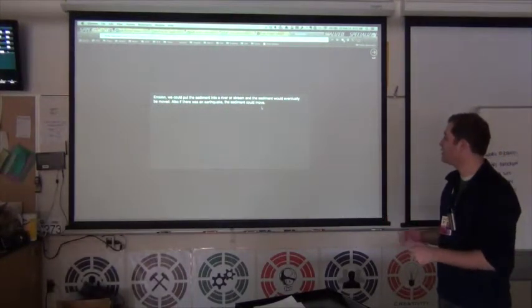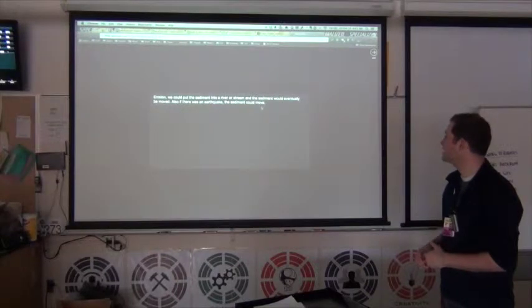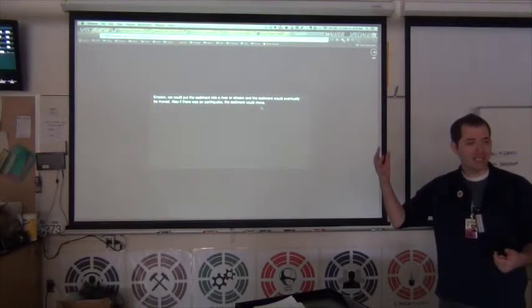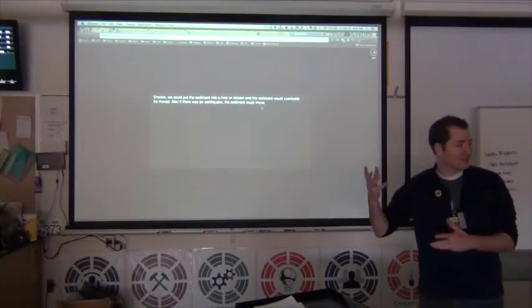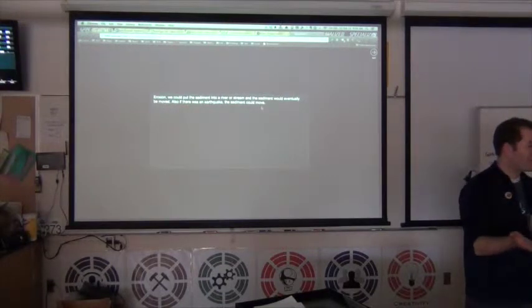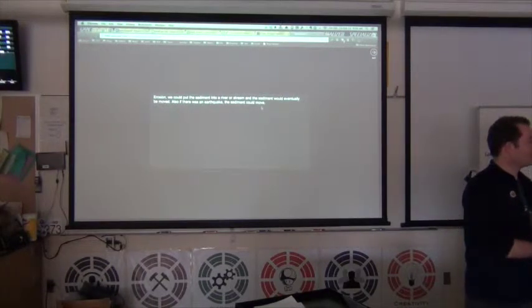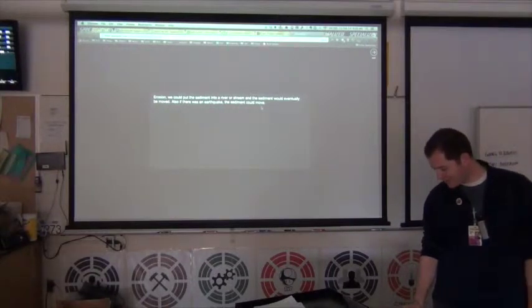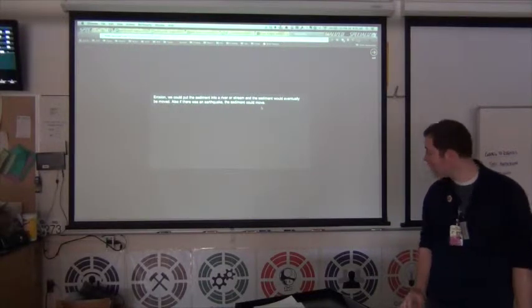We could put the sediment into a river or stream and the sediment would eventually be moved. Also, if there was an earthquake, the sediments could move. That could be true. If you have an earthquake and something falls off a mountain, gravity's going to pull it down the mountain. That's a great way. A rock slide, right? A lot of rock is moved during a rock slide, which can happen during an earthquake.